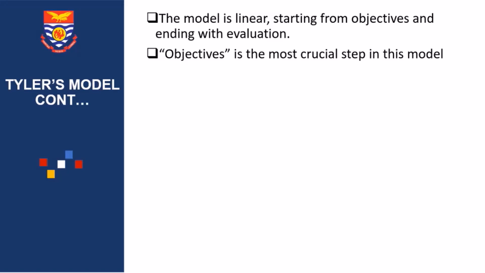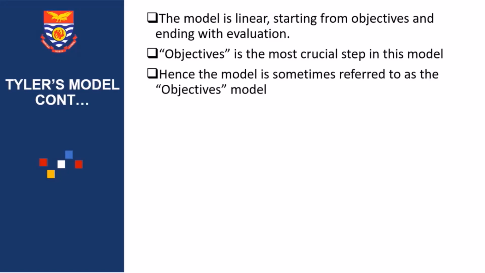So from the objectives, we go to the selection of learning. It is based on the objectives that the other parts of the model are developed. Hence the model is sometimes referred to as the objectives model, because it placed emphasis on objectives as a crucial step in the model.